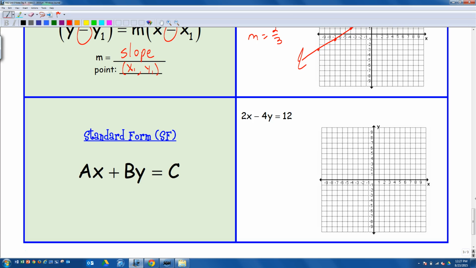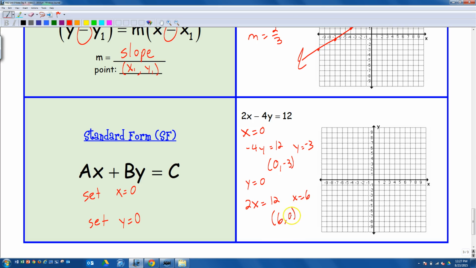Standard form, we use the cover-up method, or we set x equal to 0 and then set y equal to 0. It's two separate things. So when x equals 0, this goes away and we're left with -4y equals 12, or y is equal to -3. So you get the point 0, -3. When y is equal to 0, you get 2x equal 12, x equals 6, and the point 6, 0.